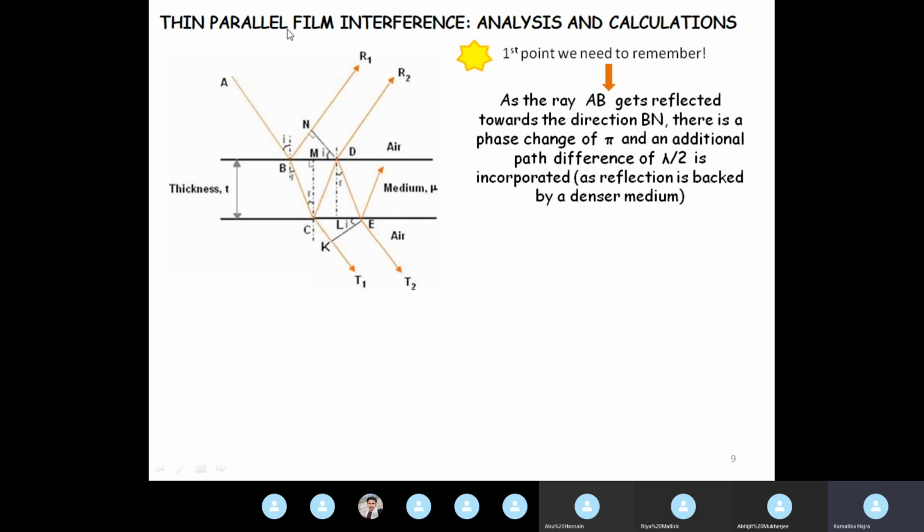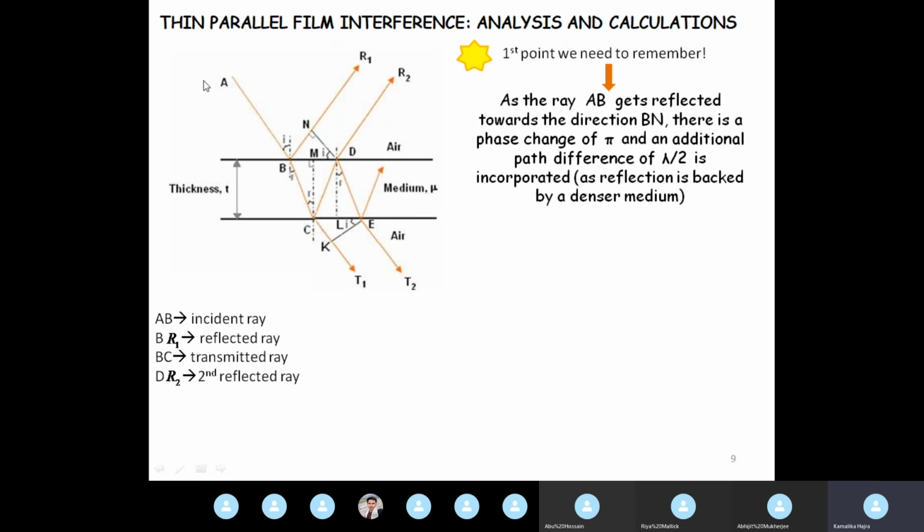Because here there is reflection backed by a denser medium. This is air over here and this is air down below. In between, the medium has refractive index greater than air, of course, so it is denser, and therefore we have to apply Stokes' law, because here we have reflection backed by a denser medium. So this is the first thing that we are going to remember before doing any calculation.